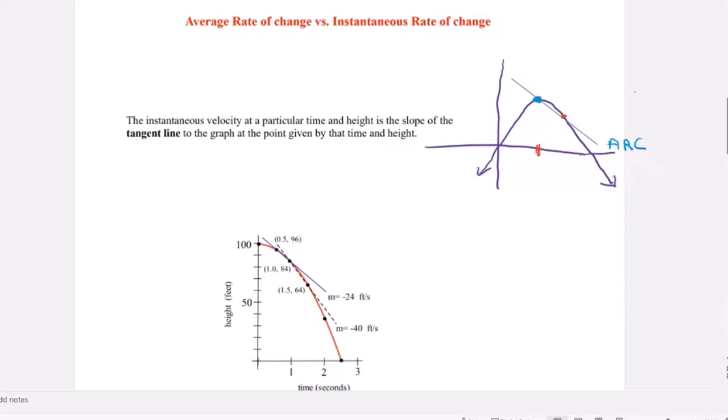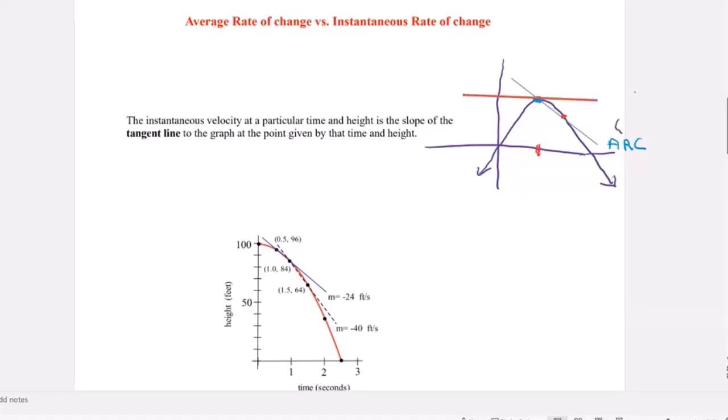Well, we call that line the tangent line. The tangent line actually goes through that one point and that one point only, because remember, we're looking for the rate of change exactly at one point. All right, so I would have to say, there it is. Notice that it is not anywhere near what my secant line rate of change is. So here, my average rate of change is this line.